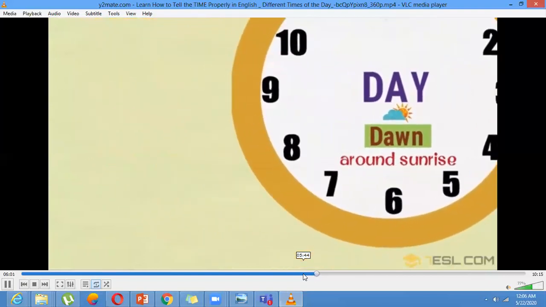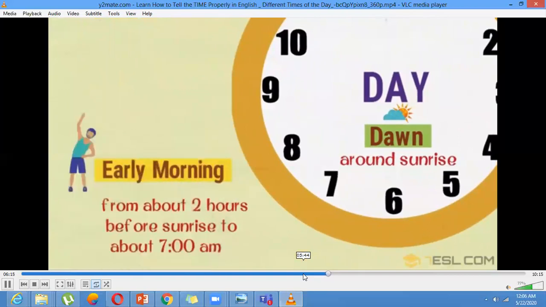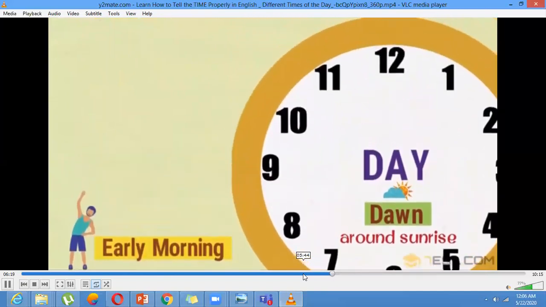The time when we start our fasting. When we say early morning, it's from about 2 hours before sunrise, about 7 a.m. And we call it dawn.